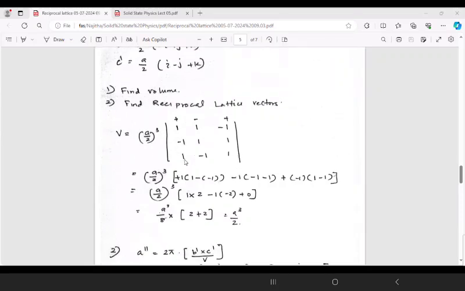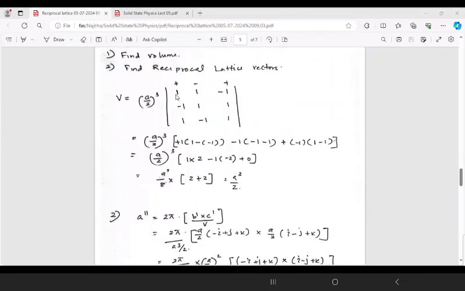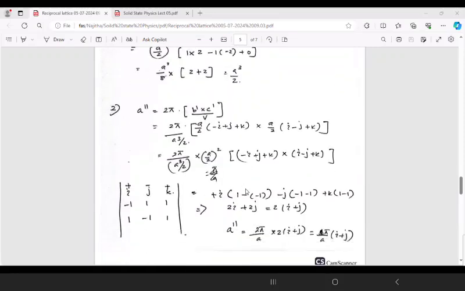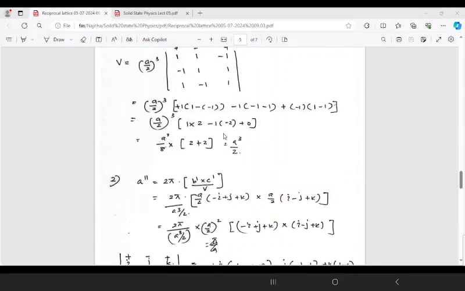Then you have to multiply. When you take this one, you remove this row and this column, and then you multiply 1 into 1 minus 1 into 1. So similarly, you take a cube by 2. Similarly, this is your volume.